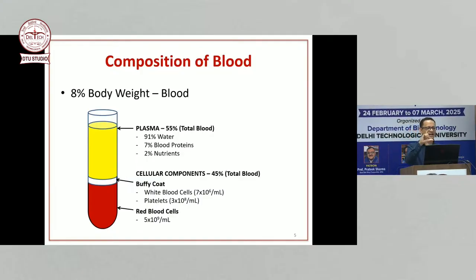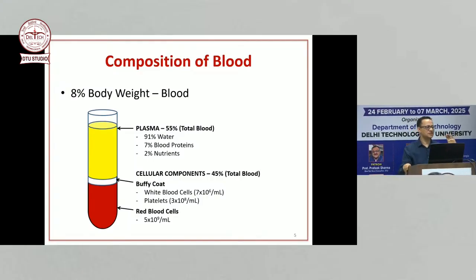So now let's say I had the anticoagulant in the syringe, I draw the blood. Now if you centrifuge blood, what will happen is blood will get separated into different components.